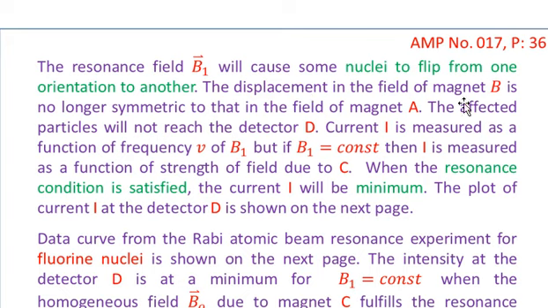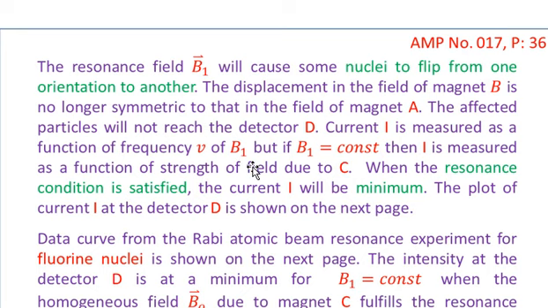The displacement in the field of magnet B is no longer symmetric to that in the field of magnet A. Due to this flipping, the affected particles will not reach the detector D. Current I is measured as a function of the frequency nu of the magnetic field B1.